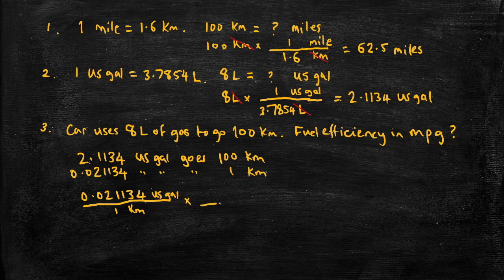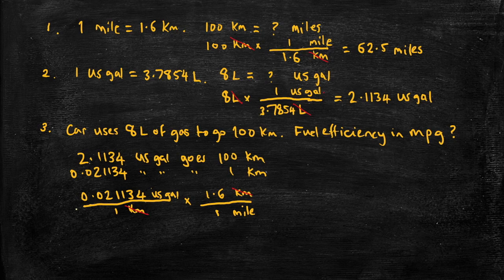And if we multiply that by a conversion factor that has kilometers on the top, then we'll be able to cancel the kilometers, and if we have miles on the bottom, we'll end up with US gallons per mile. Okay, so 1.6 kilometers, 1 mile. So now when we do our cancelling, we can cancel the kilometers here with the kilometers here, and we'll be left with miles in the denominator in this case, which is where we want it.